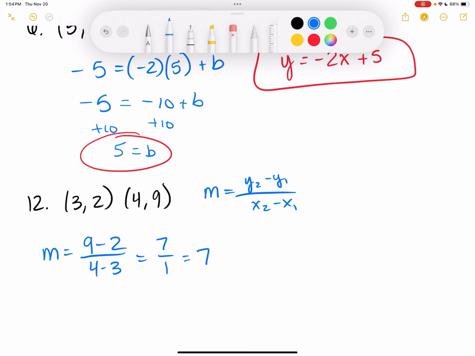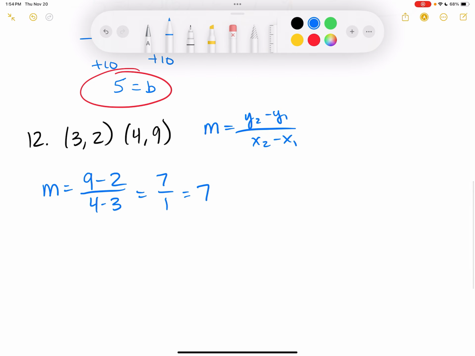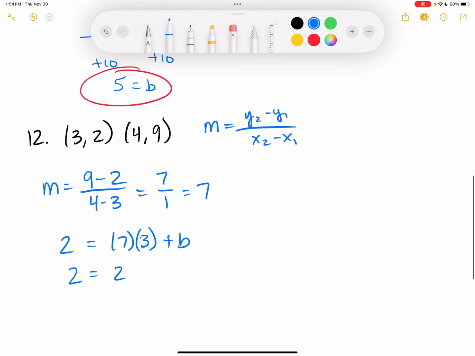So that's my slope. Now, I can use either of these points to find b. It does not matter. Do you want to use the first one or the second one? All right, so I'm going to use the first one. So I've got 2 equals 7 times x, which is 3, plus b. 7 times 3 is 21, so I have 2 is equal to 21 plus b.